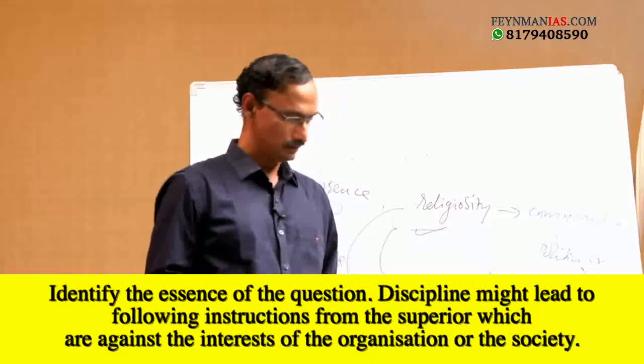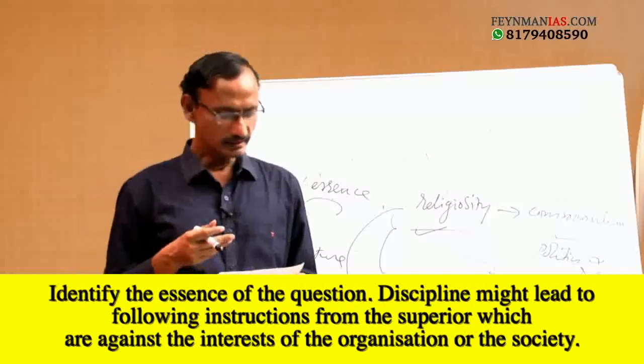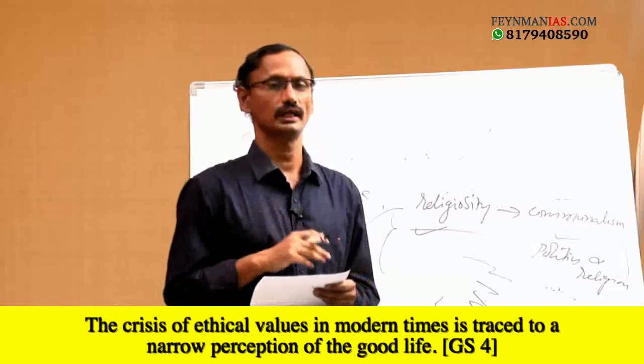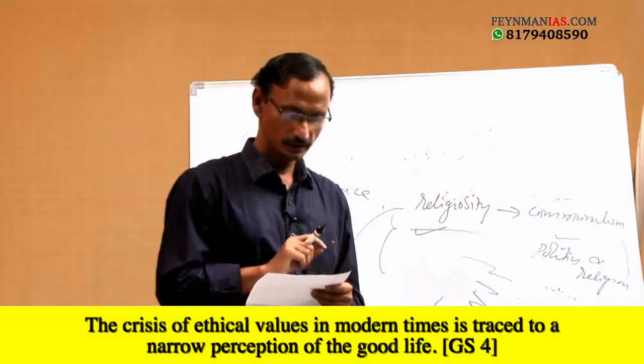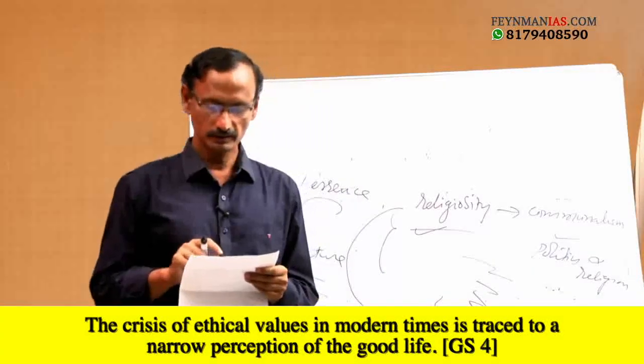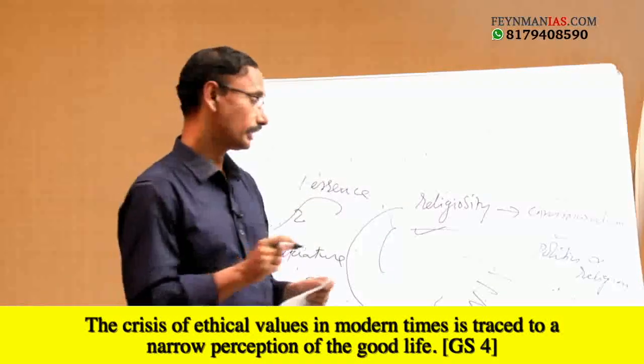Next, again GS4. The crisis of ethical values in modern times is traced to a narrow perception of good life. See here, the crisis of ethical values in modern times is traced to a narrow perception of good life.